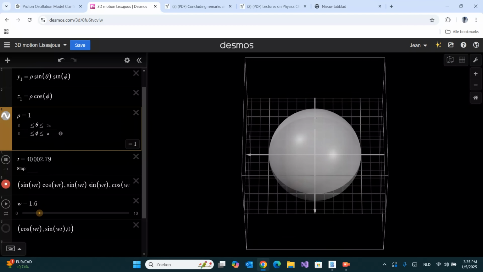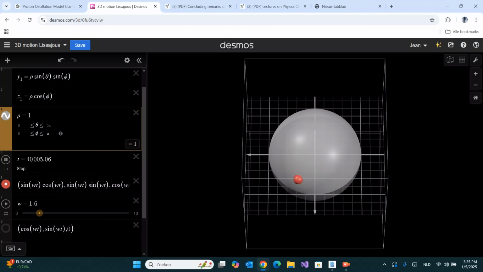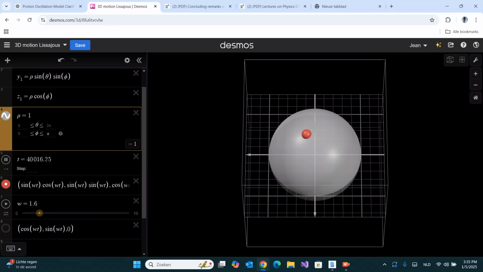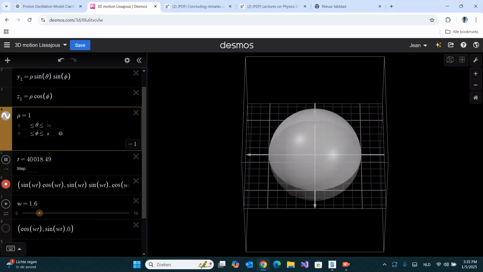And you can see it's a curious double loop-like thing. It's very interesting, and that's also what I explored. It gives rise to what kind of magnetic moment this would generate, and is it consistent with the magnetic moment that we measure for a proton?